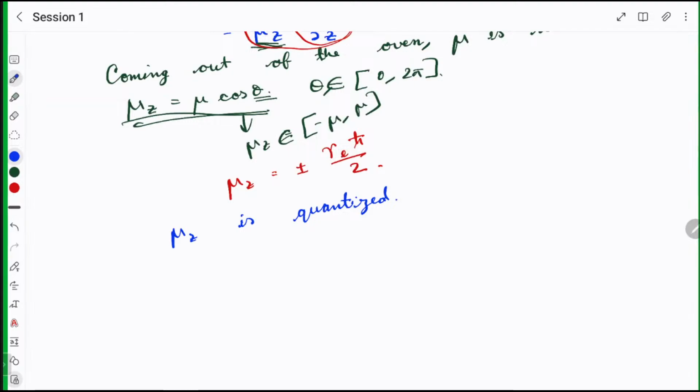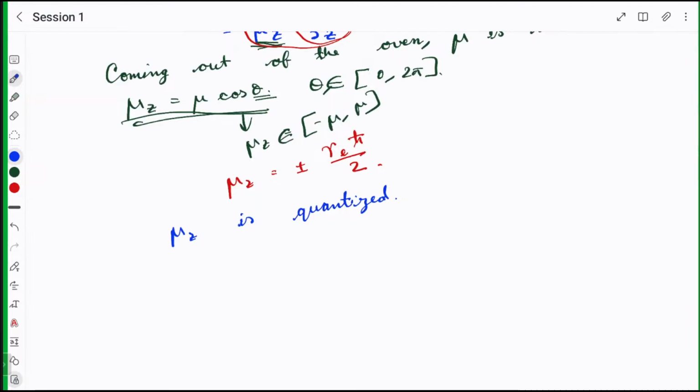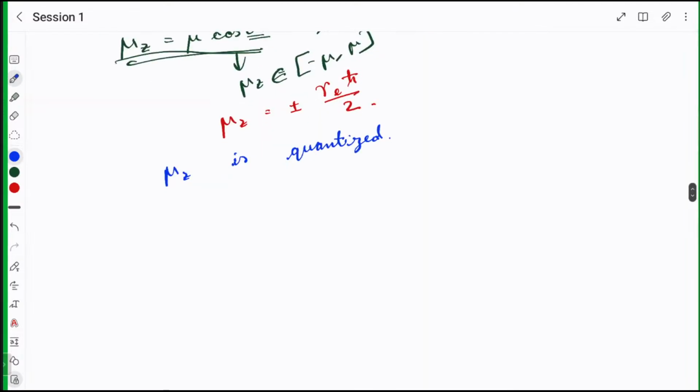This is the first point where quantum mechanics barges into the picture in this experiment. So we will have to set a new set of ground rules: mu z will only take those two values somehow.